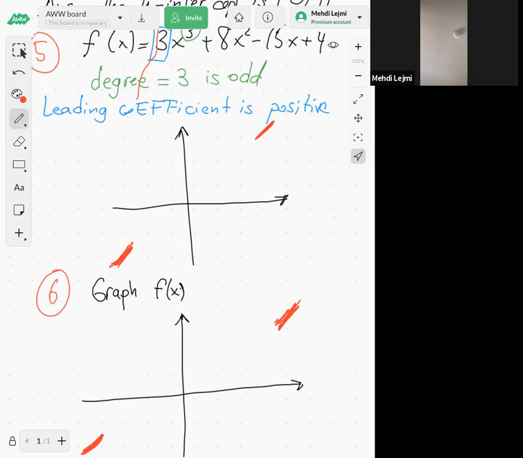We need to plot the x-intercepts and the y-intercept. The x-intercepts: we had -4, so let's say -3, -2, -1, so this is -4 here. Then 0, we have 1/3, so let's say this is 1/3. This is +1, 2, 3, and 4, etc. And the y-intercept is (0, 4): 1, 2, 3, and 4 right here.